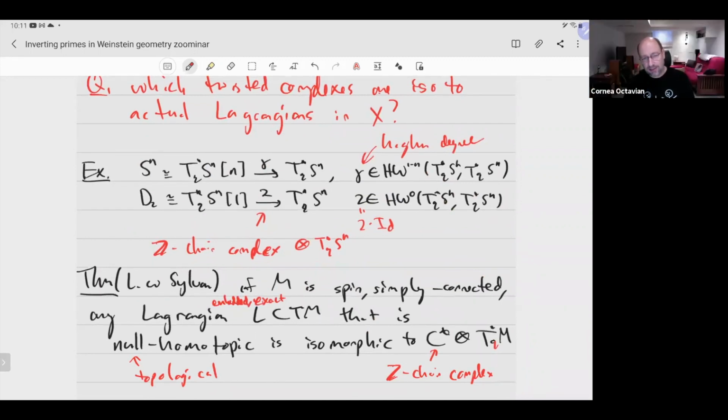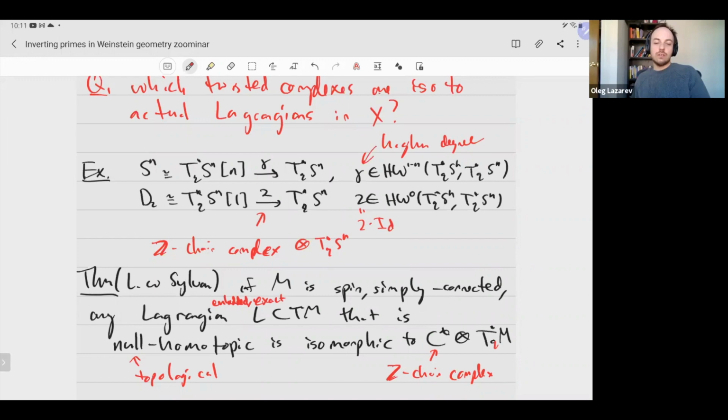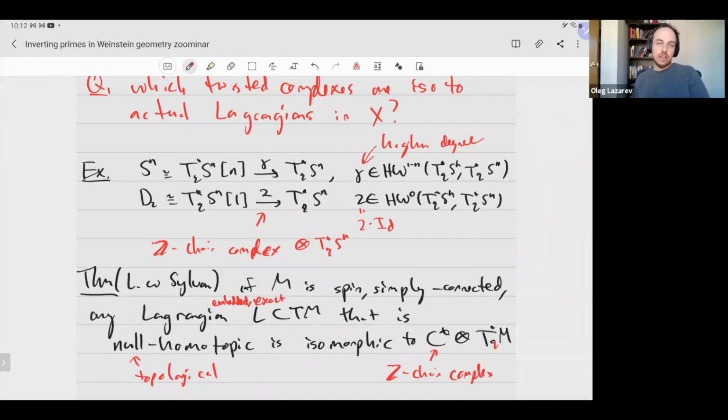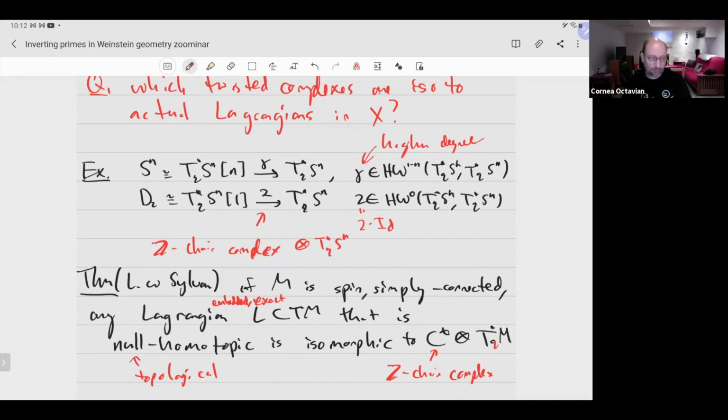Because I think, in fact, the expectation is you can represent twisted complexes using immersed stuff. But in that case, you need some extra data, which is this bounding cochain.